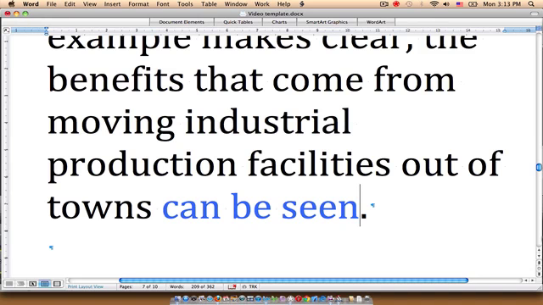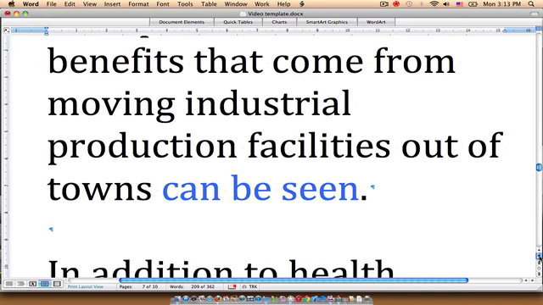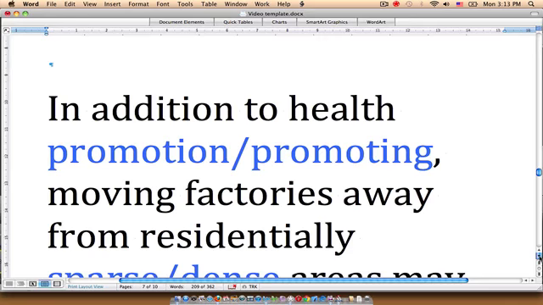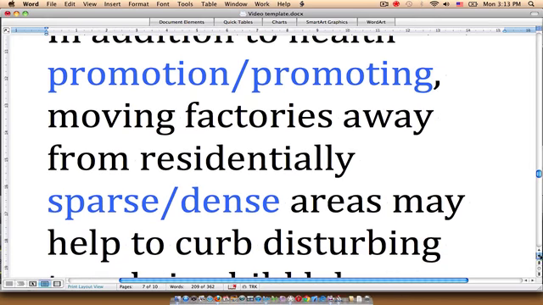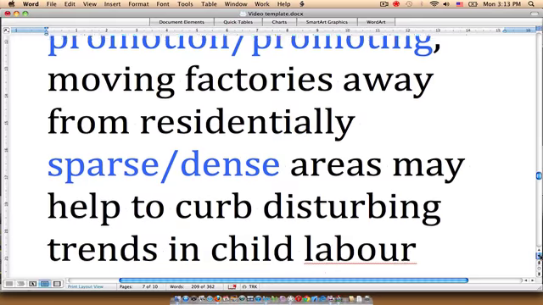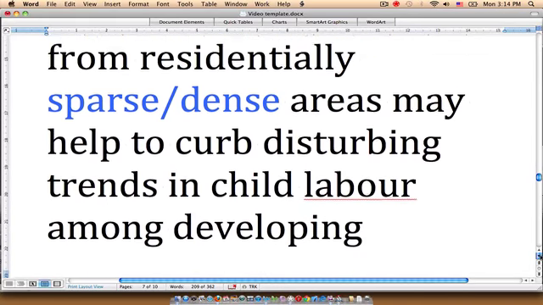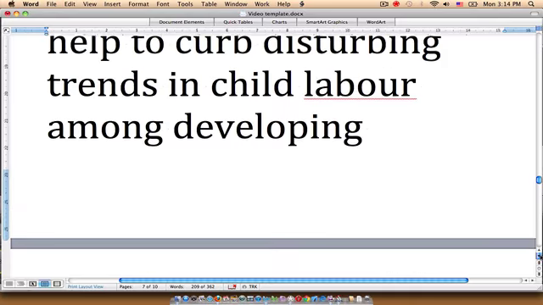So, can be seen. Okay, let's continue to the second supporting paragraph. In addition to health promotion, moving factories away from residentially sparse areas may help to curb disturbing trends in child labor among developing countries.